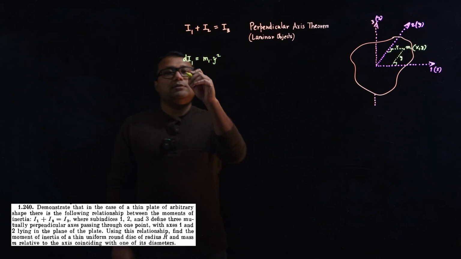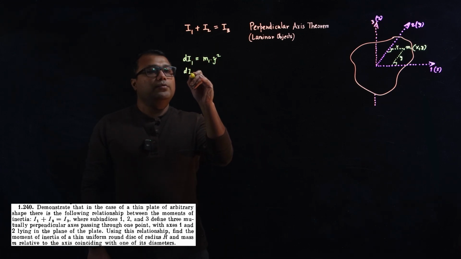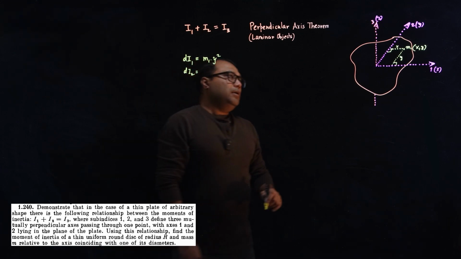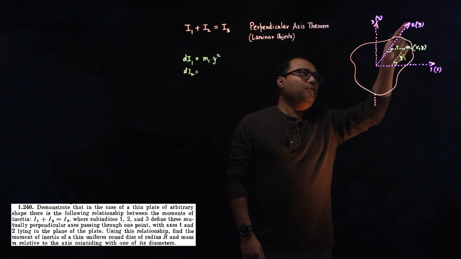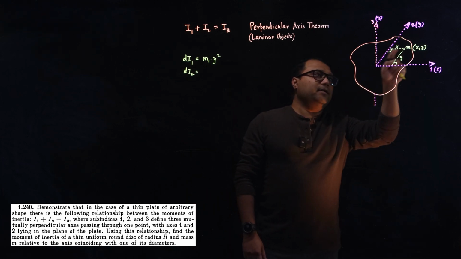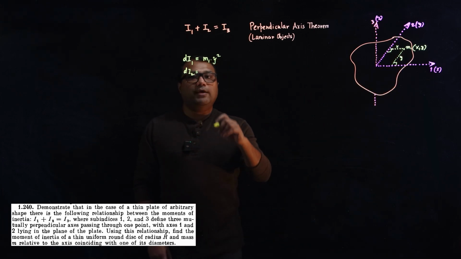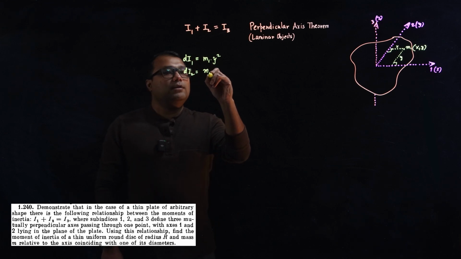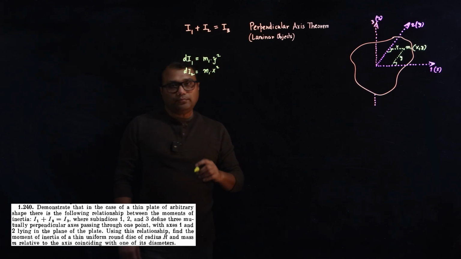Similarly, dI2 is the moment of inertia about axis 2. It is at a distance x from axis 2, so m1 x square is dI2.